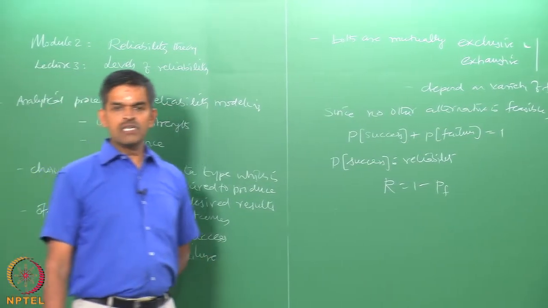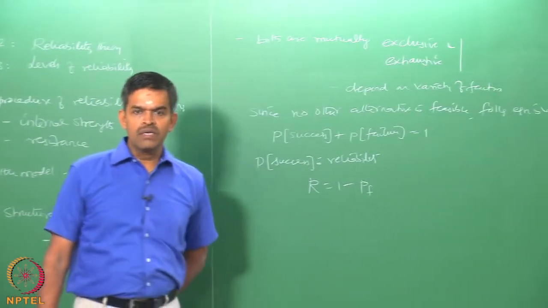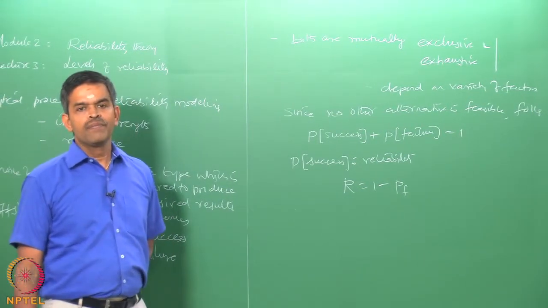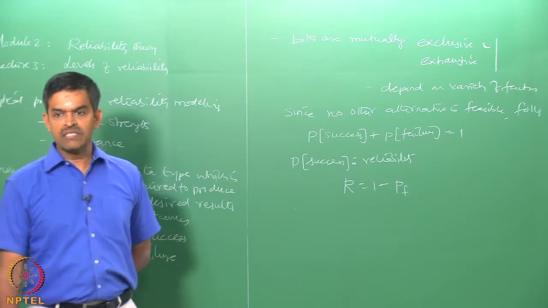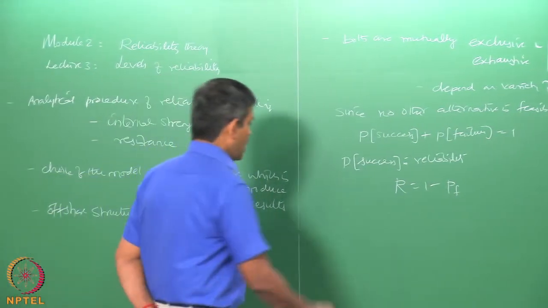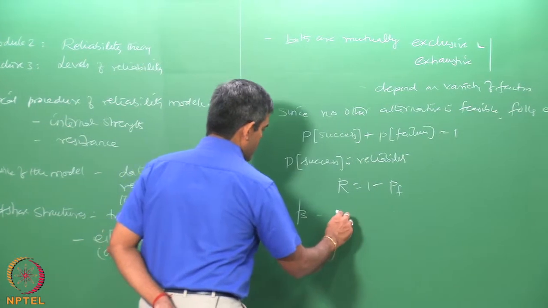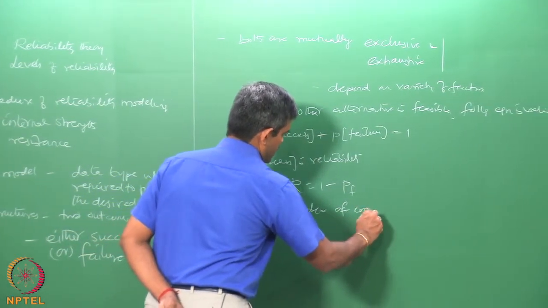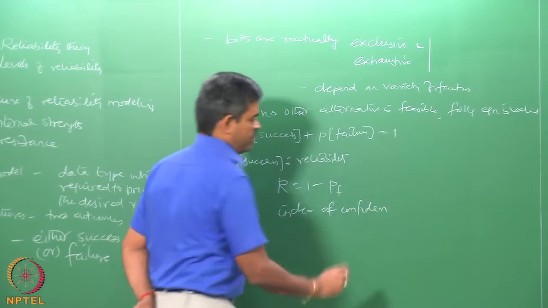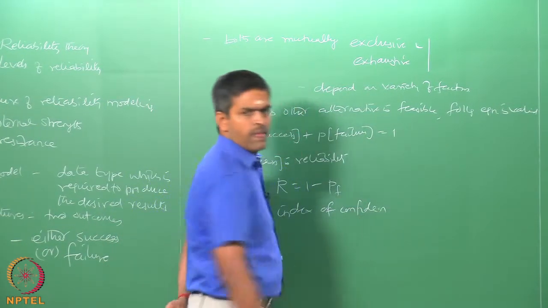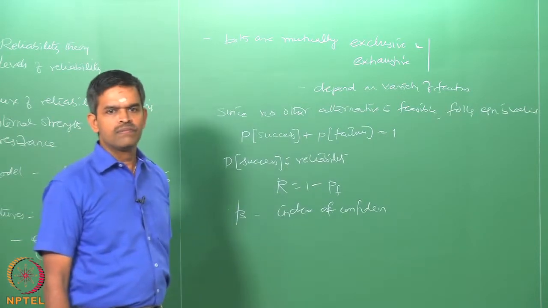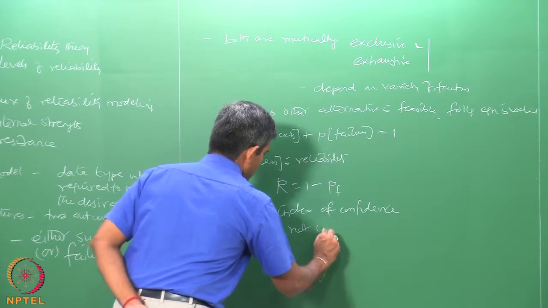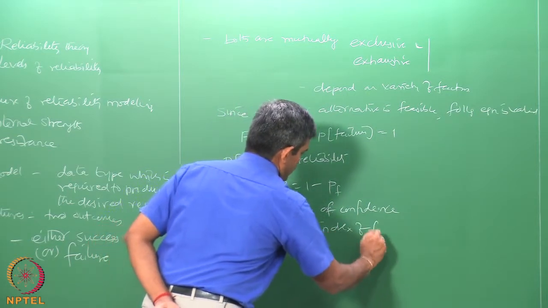It is important and interesting to note that reliability is expressed in terms of confidence built up on the system in a positive sense, and it is not an index of failure. So, reliability index is an index of confidence, and not an index of failure.